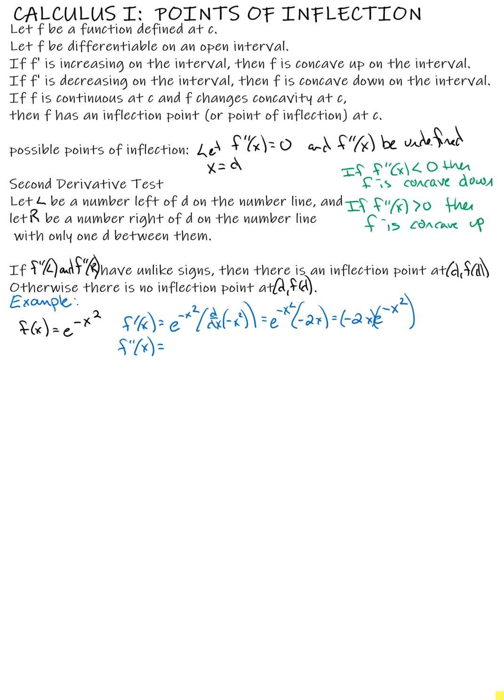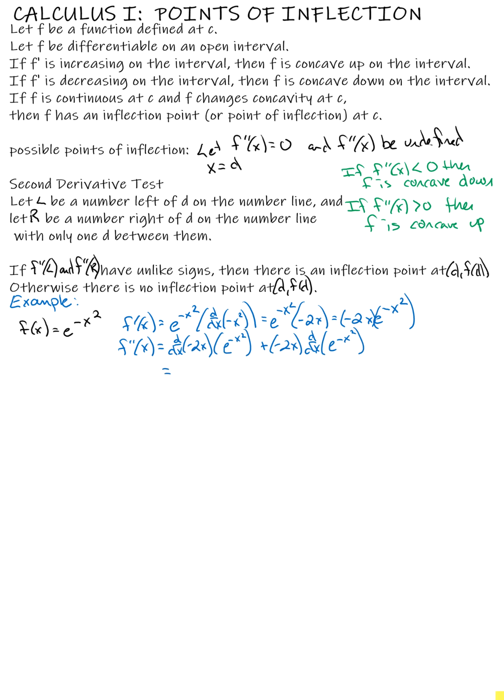Now there are several versions of the product rule because you can commute both multiplication and addition. Let's go ahead and write it this way. I'm going to start with the derivative of the first part times the second part plus the first part times the derivative of the second part.